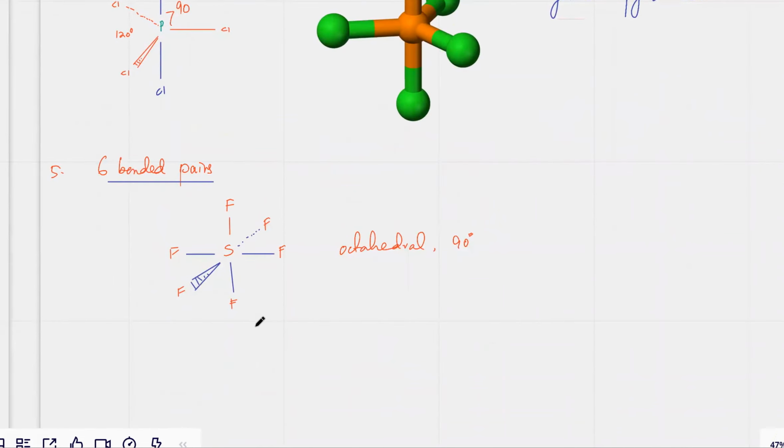So this is option 1. Sometimes you'll have 6 pairs of electrons, but 2 of them would be lone pairs, plus there would be 4 bonded pairs.